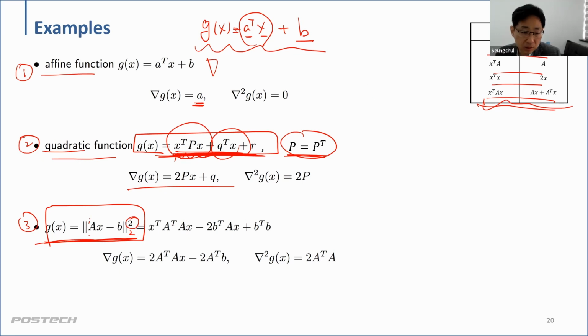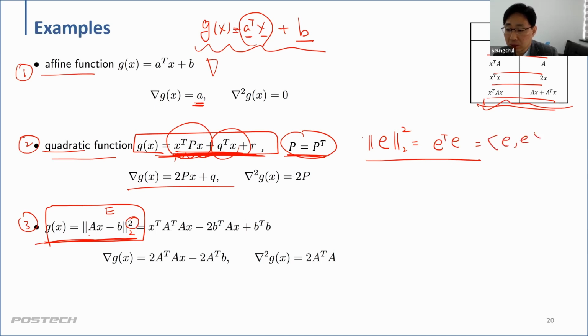Let me see. Suppose this is like that, and let me say this is E. Then that's the definition, with column vectors, or you can say it's an inner product.